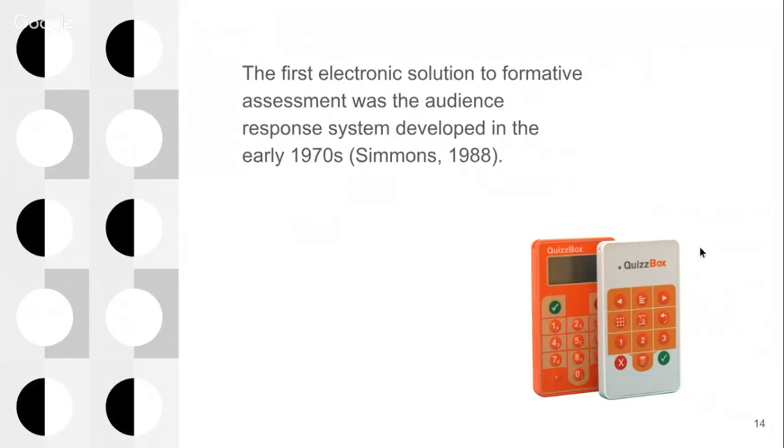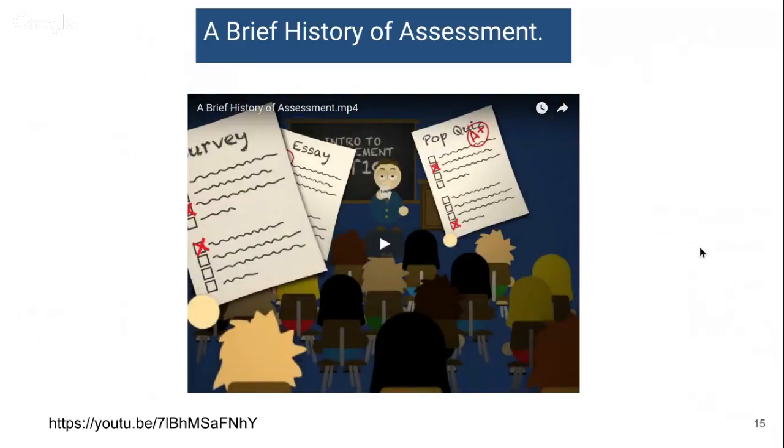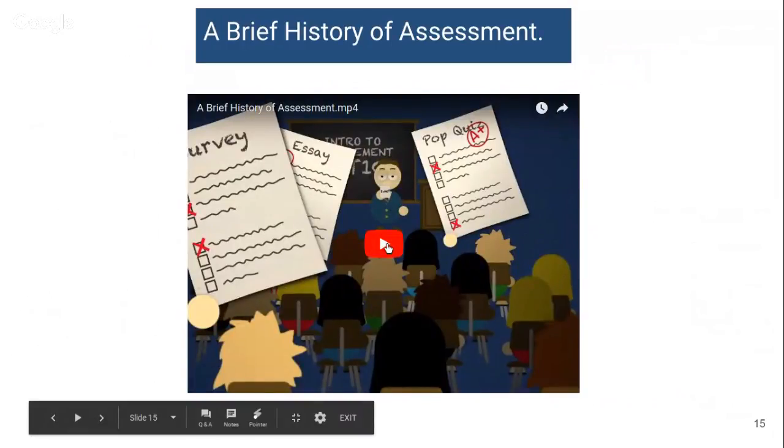The instructor would receive immediate statistics on the student performance, whether it be a true, false, multiple choice, or short answer question. Studies have shown that they improved student participation, attendance, and learning with the use of these response systems. So here's just a little video about a brief history of assessment.